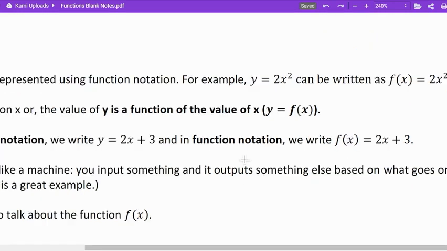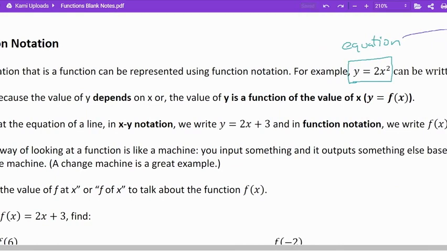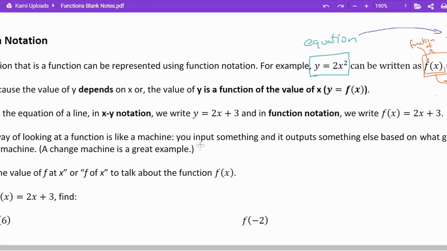Let's keep talking. You might be fine, but I remember being in high school, seeing function notation and not being able to comprehend why or what the difference was. So if you're struggling to understand the idea of function notation, ask questions, ask me, Google it. Make sure you understand why we're using it.